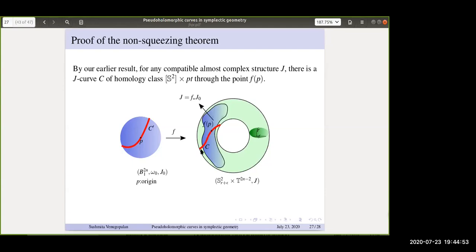So I take the J curve through the image of the origin, and our machinery tells us that such a curve indeed exists. So let's call this curve through f(0) C, and its inverse image is called C prime.